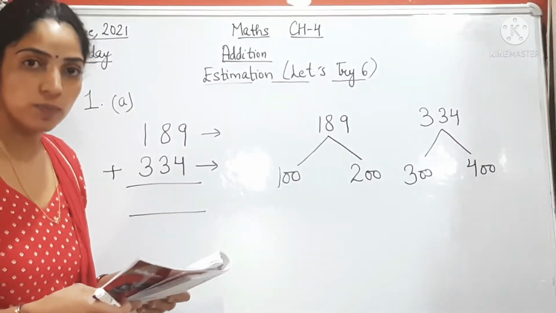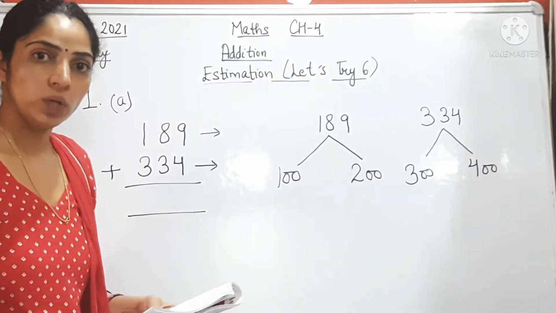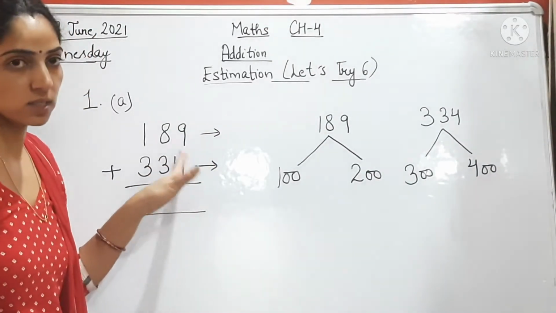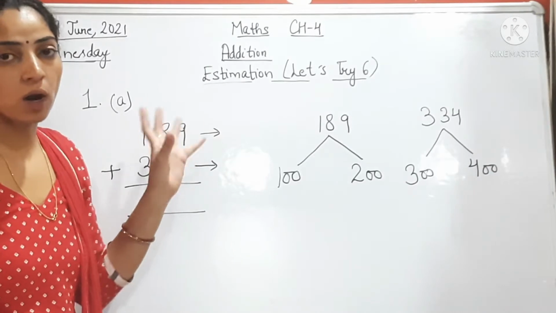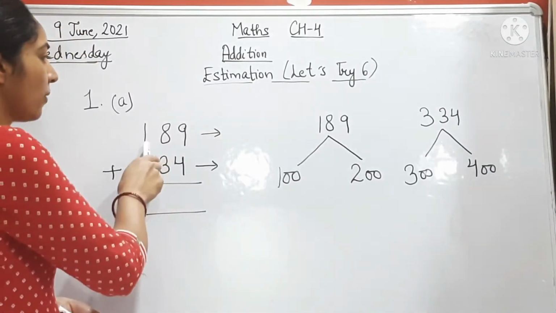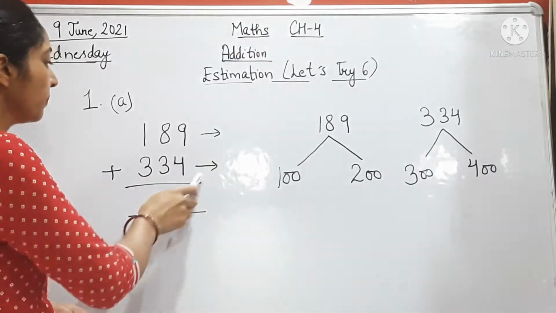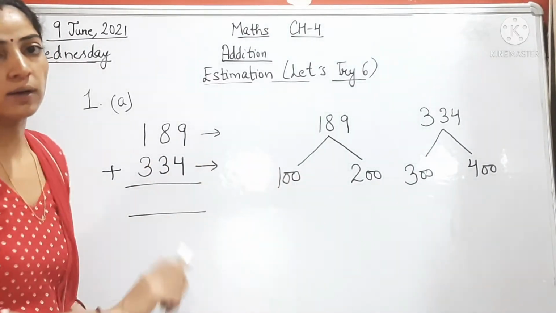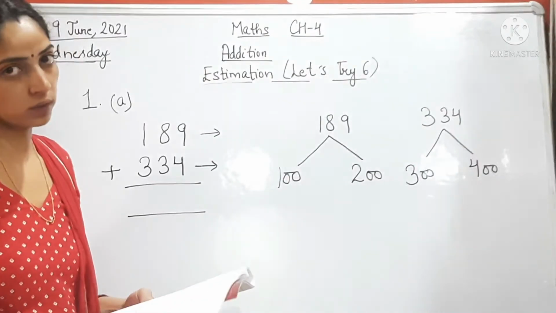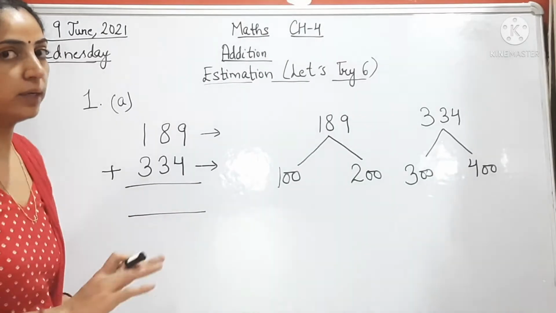You have to estimate the sum by rounding each given addend to the nearest 100. Round off this addend to the nearest 100 and this addend to the nearest 100. Show your work, then calculate it.